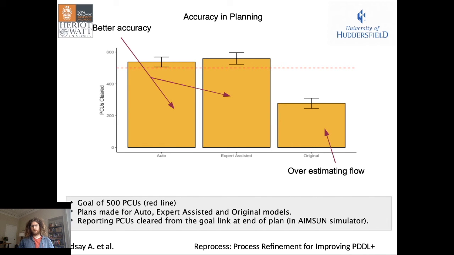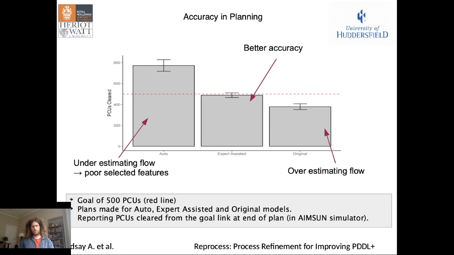So the original, which is the right one, overestimated flow, the middle is expert assisted, and the left is auto, and the two refined models had better accuracy. In the other network, again the original model overestimated flow, it's still on the right, and the expert assisted performed well again. The auto seemed to overfit to the plans in the training set, and the plans it was generating were quite different.